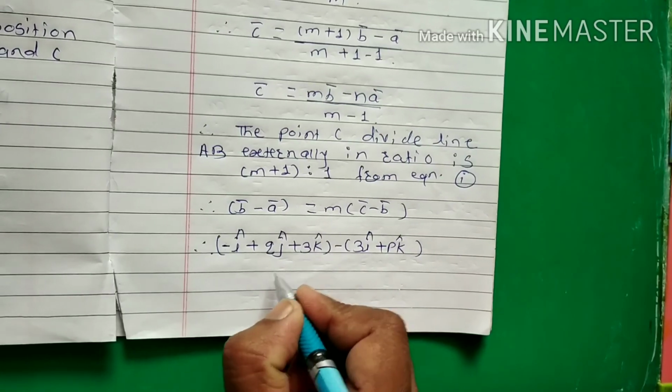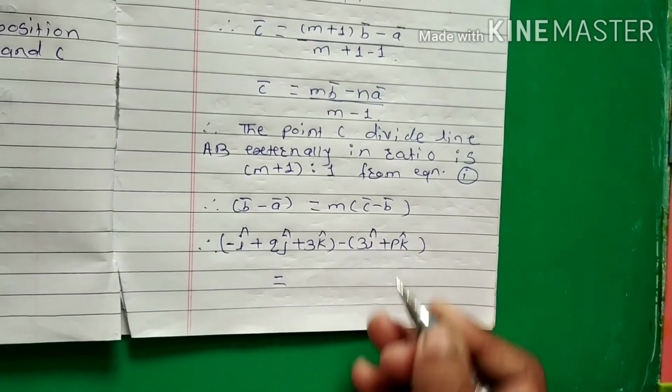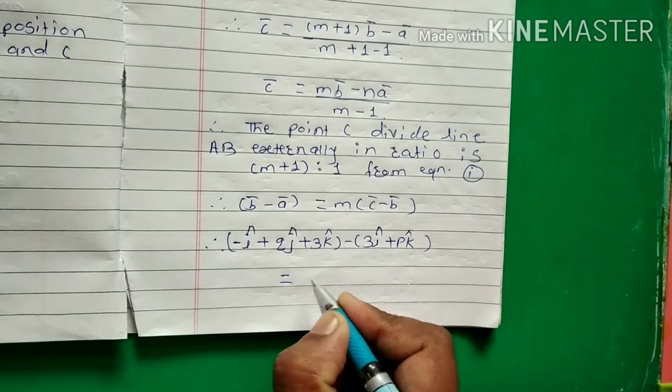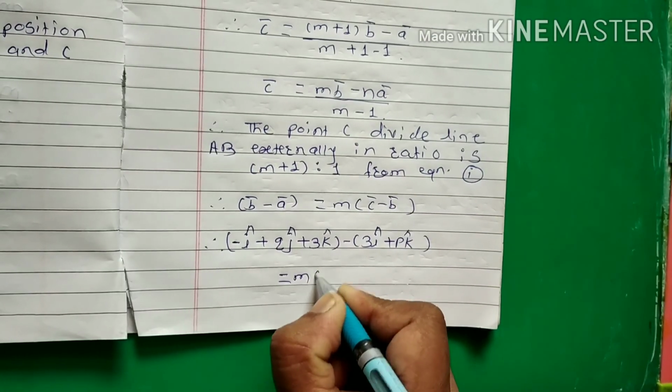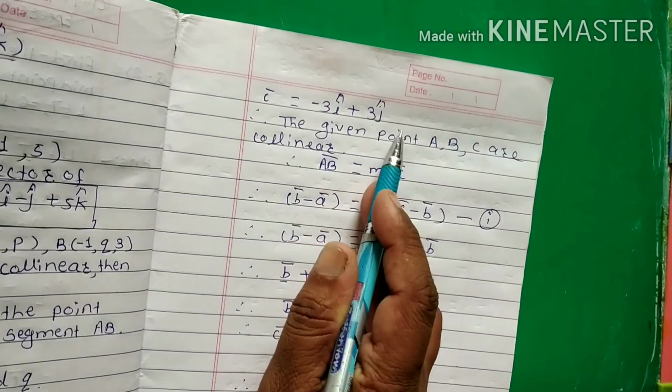Then it is equal to M into C bar minus B bar. Then M here, and the value of C bar, that is minus 3 i cap plus 3 j cap.